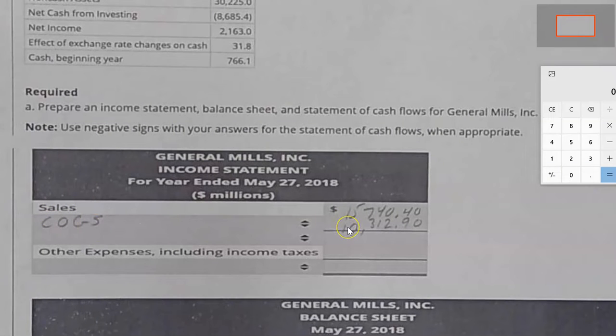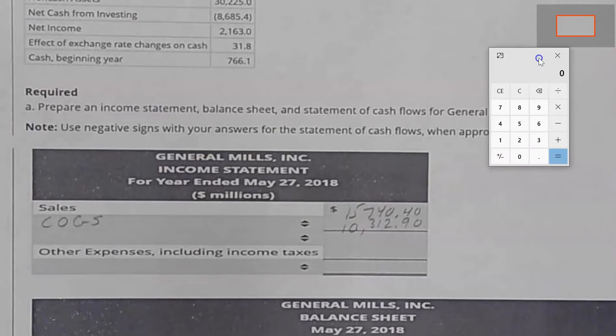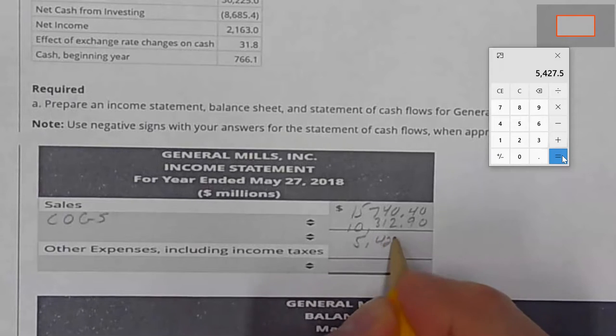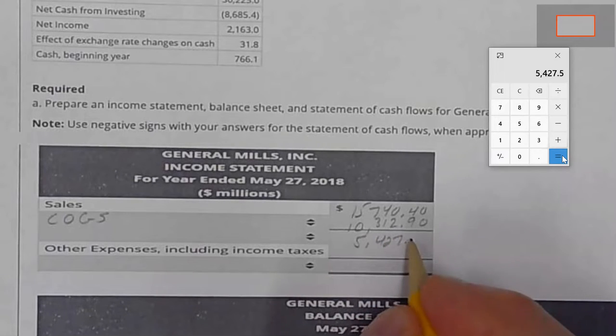We're going to subtract the cost of goods sold from the revenue. 15,740.4 minus cost of goods sold of 10,312.9 equals 5,427.5.